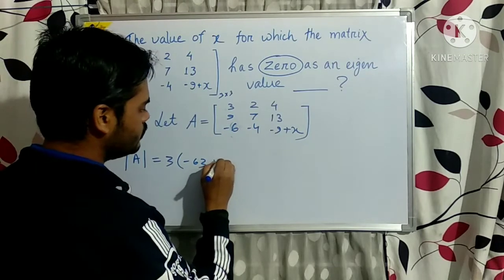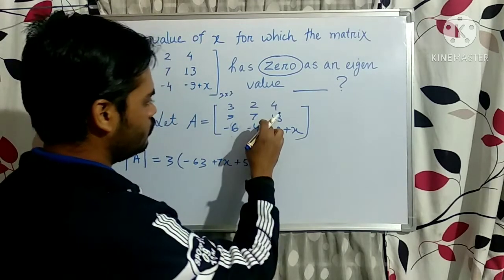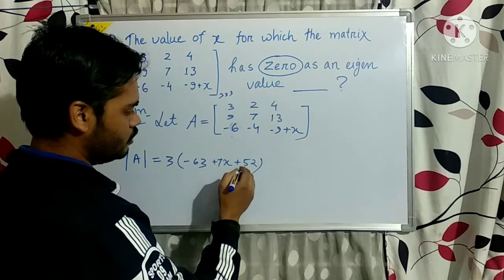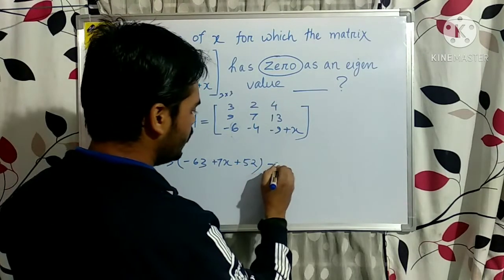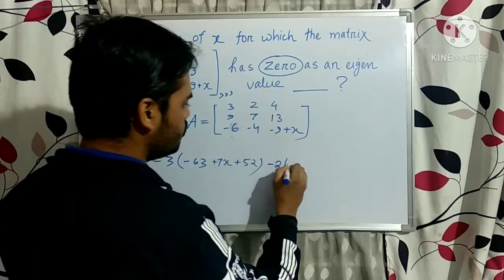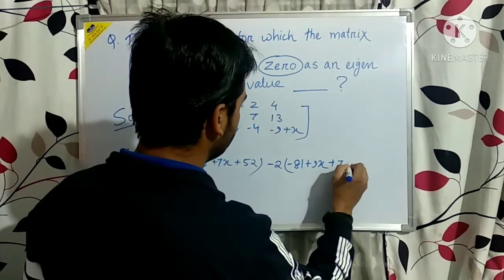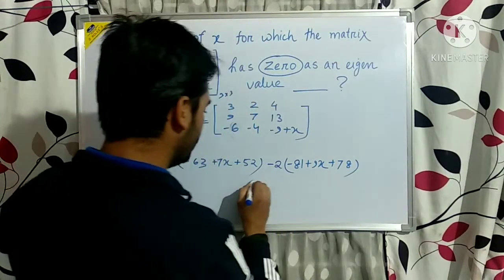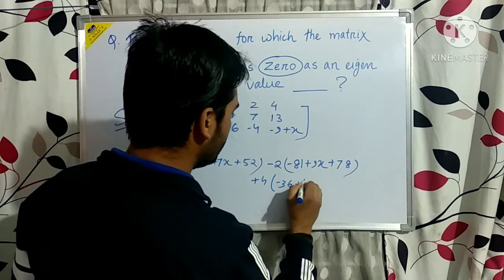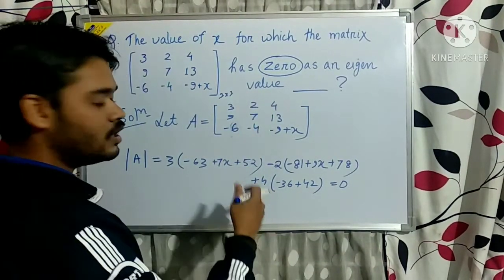I am directly doing it here: 3 into minus 63 plus 7x plus 52. By the formula there is a minus, so minus 2 into minus 81 plus 9x plus 78, and the last one, 4 into minus 36 plus 42, will be equal to 0, because the determinant will be 0.